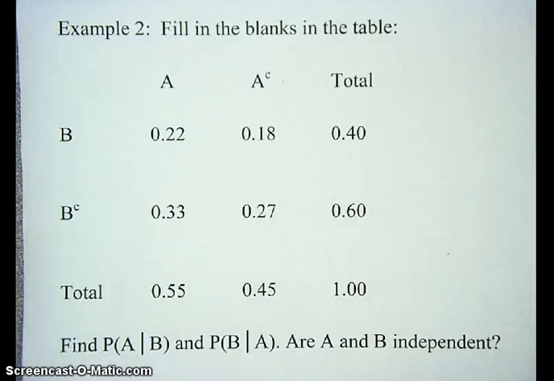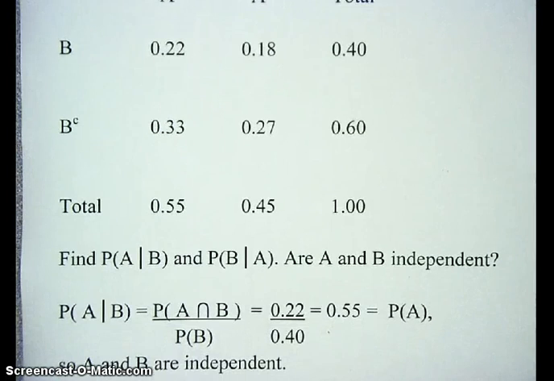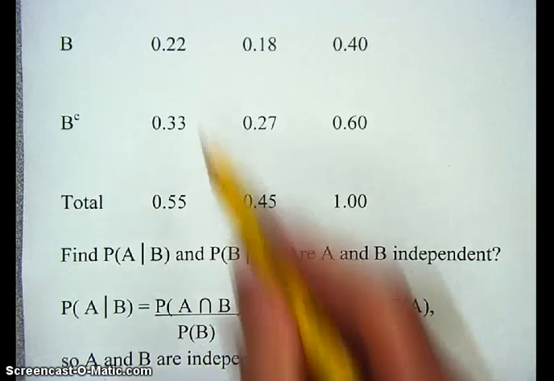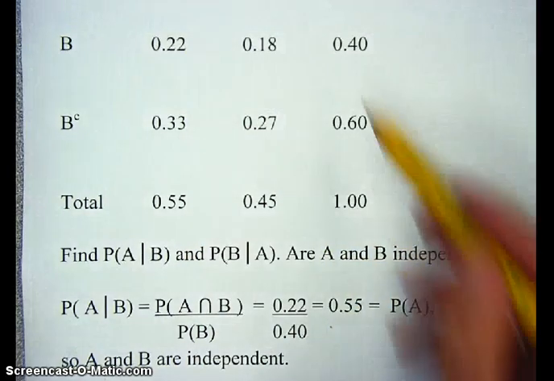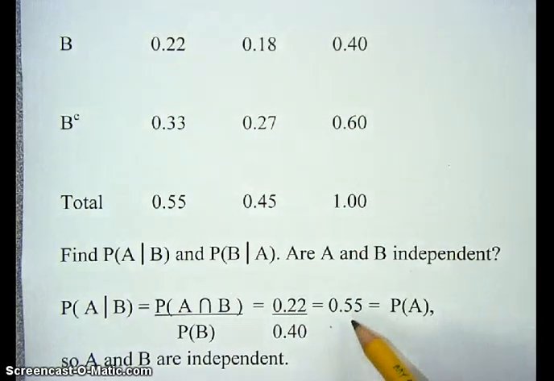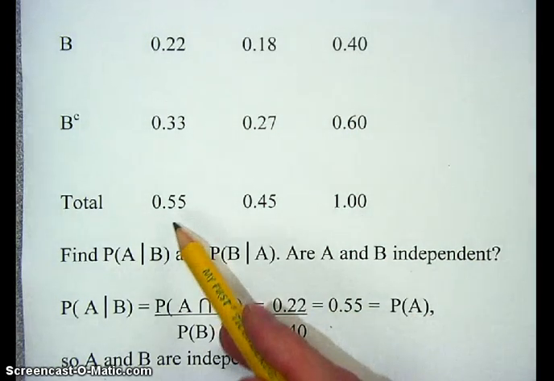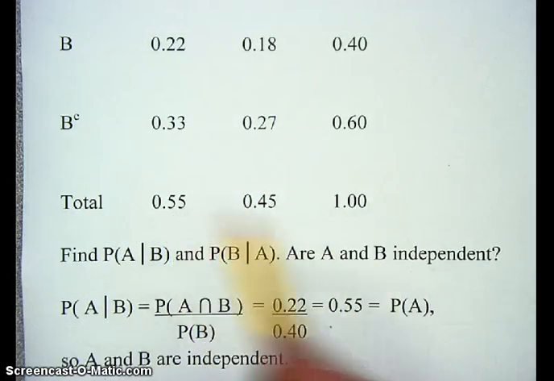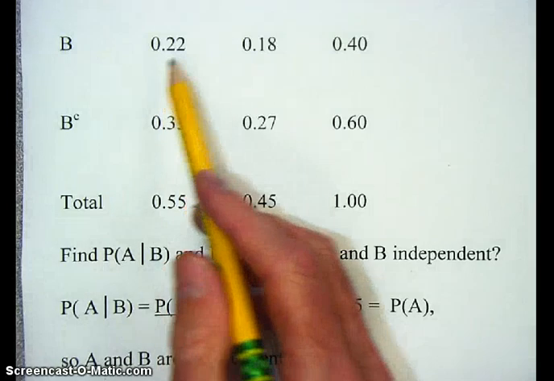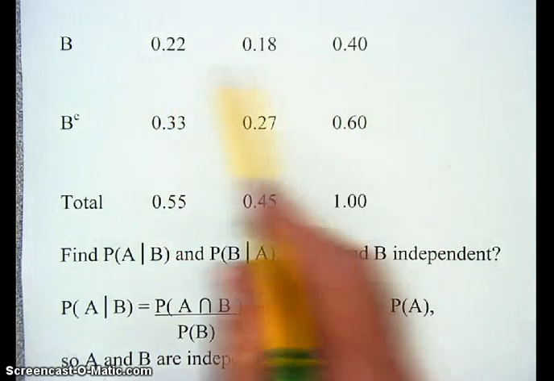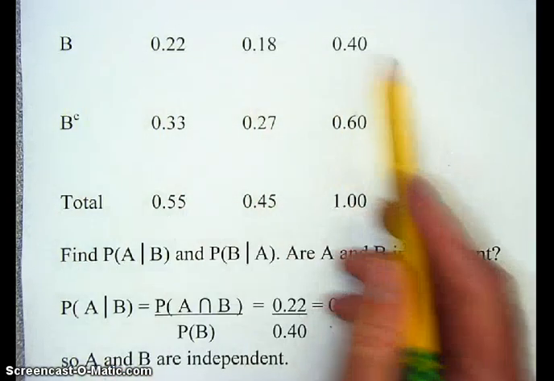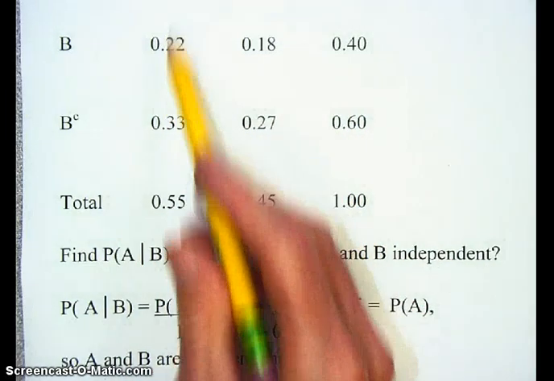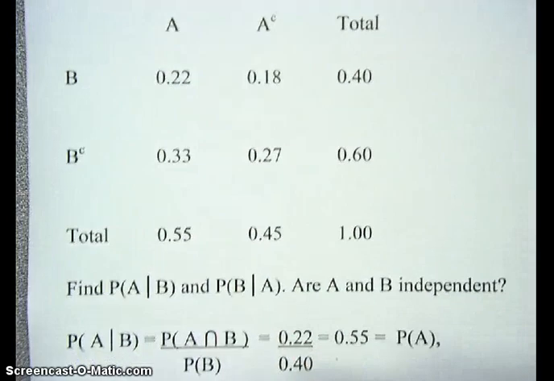Now, the probability of A given B is just the probability of A and B divided by the probability of B. It's 0.22 right there, divided by 0.40 right there, and that's 0.55, which is equal to the probability of A. So 55% of all the outcomes in the sample space are favorable to A. And that is also true if we just limit ourselves to this event B. 55% of this 40% is in this category A. And that means A and B are independent.